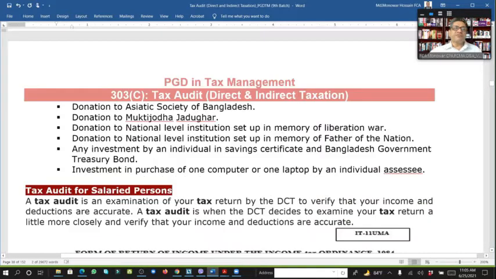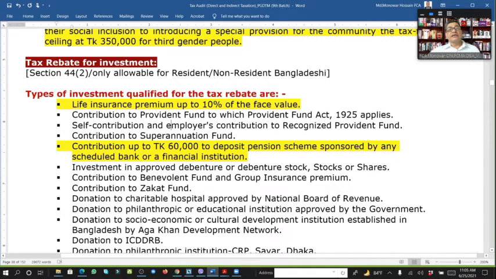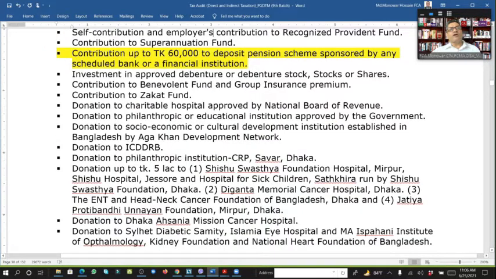And if the authority thinks that they will contact the vendors of that company, then the real picture will become clear. But at that time, due to the huge volume, the DCT or tax authority cannot conduct that type of survey.